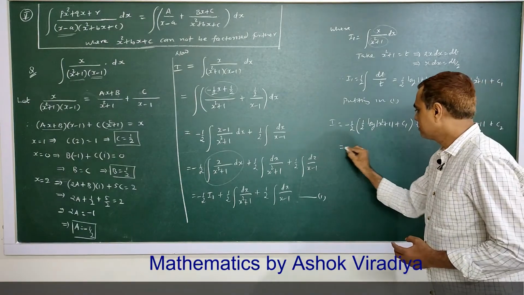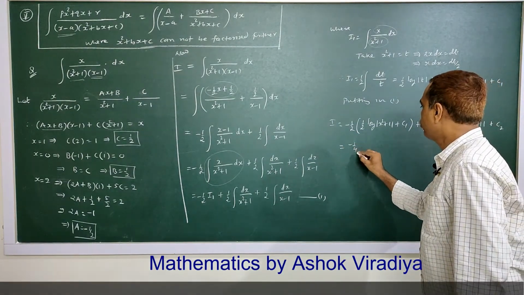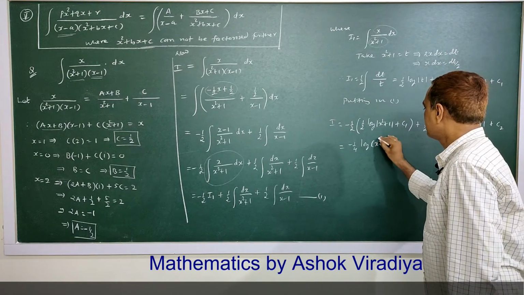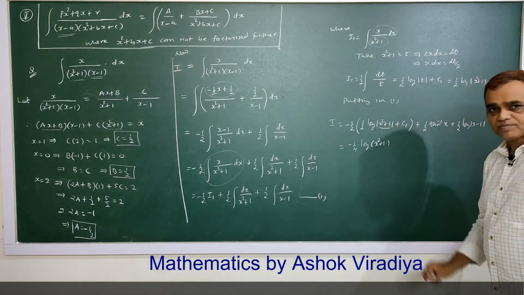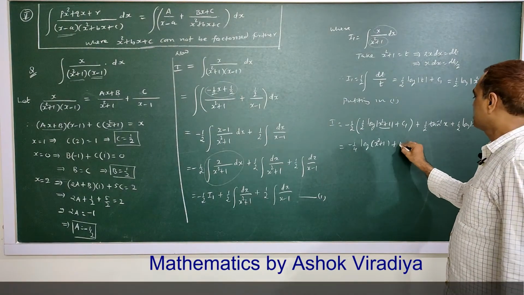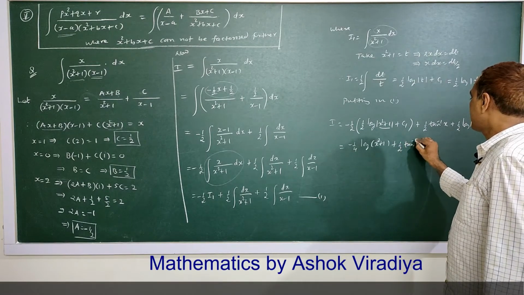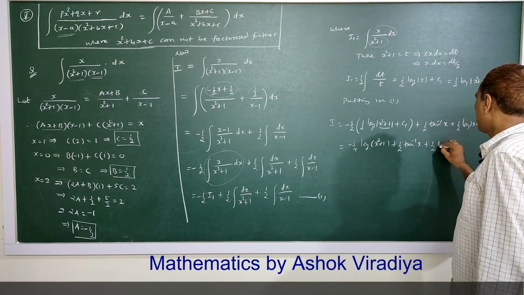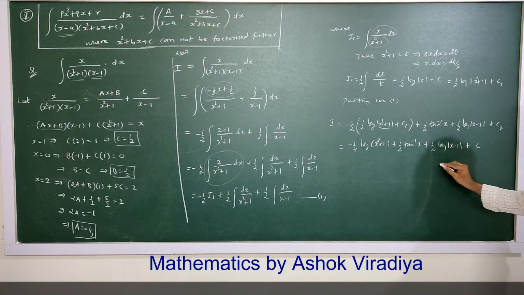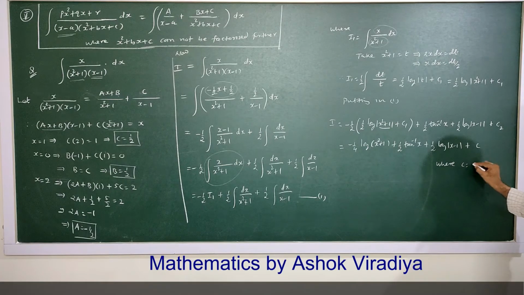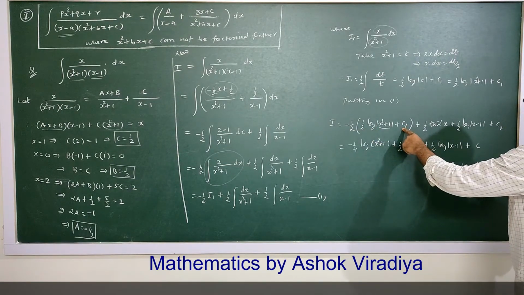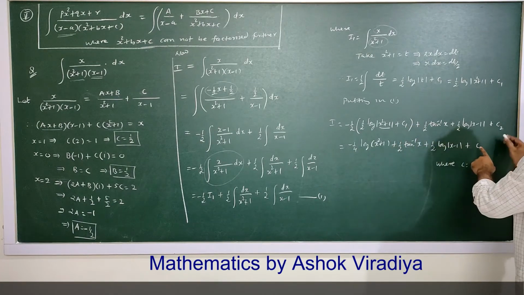So therefore minus 1 by 4 log of x square plus 1, this is positive, so we can remove modulus, plus 1 by 2 tan inverse x plus 1 by 2 log modulus x minus 1 plus c, where c is minus 1 by 2 c1 plus this is c2.